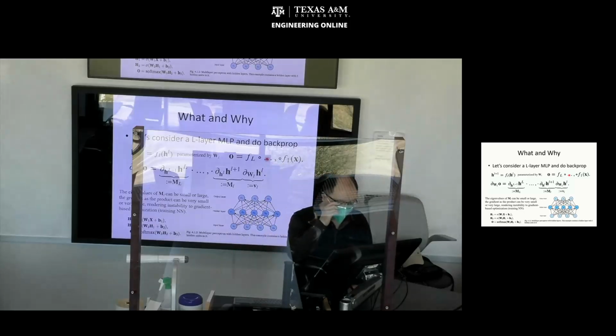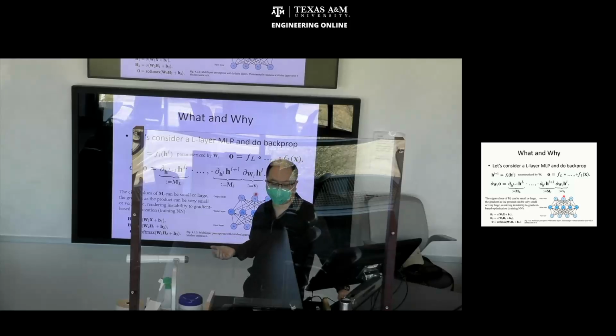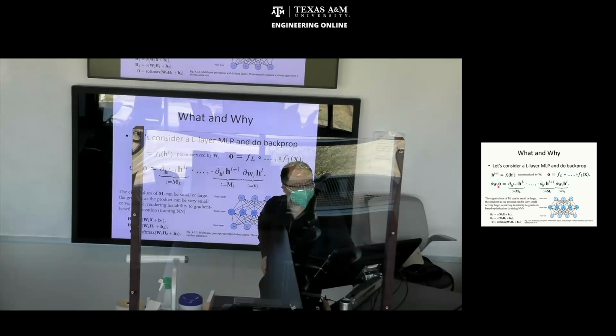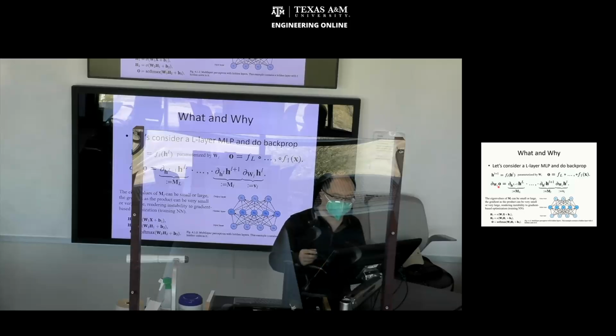And then what happens is, when we are calculating, let's say the output is O, I'm not going all the way to J because J is a function of O, so let me just try to calculate the gradient of O with regard to W sub L, the L-th layer weight matrix. As you can see, using the chain rule, I can recursively apply this.